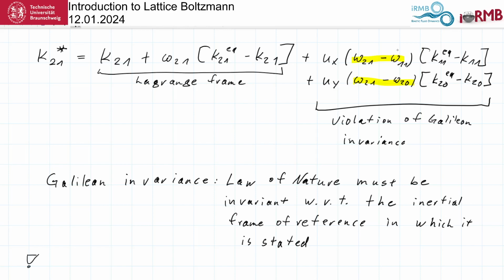So it's a problem of the MRT method specifically. Yeah? And it occurs for the first time, it also occurs at higher order moments, but it occurs for the first time at the third order moments. So they are not Galilean invariant.